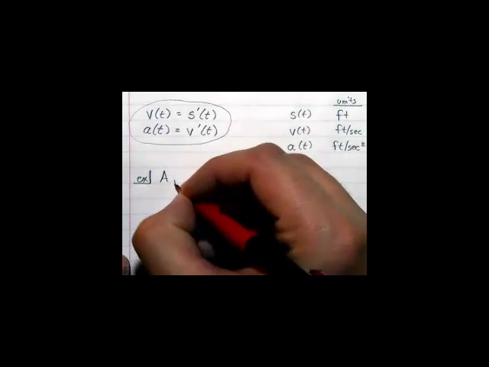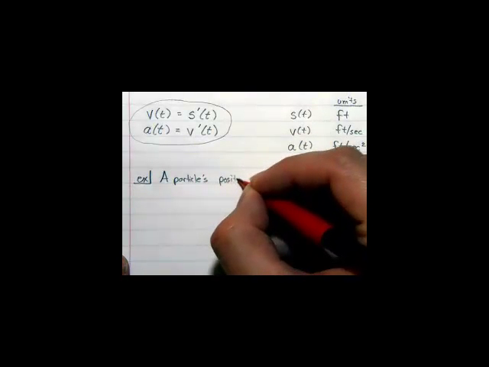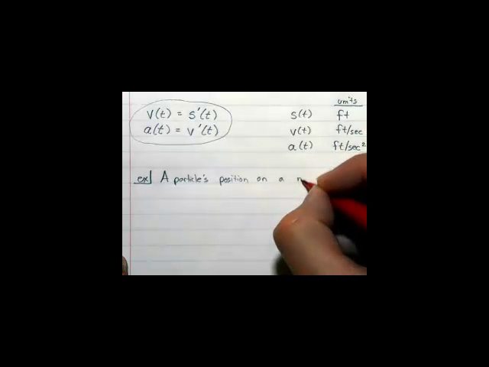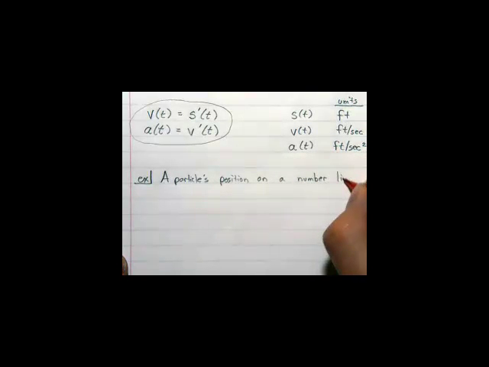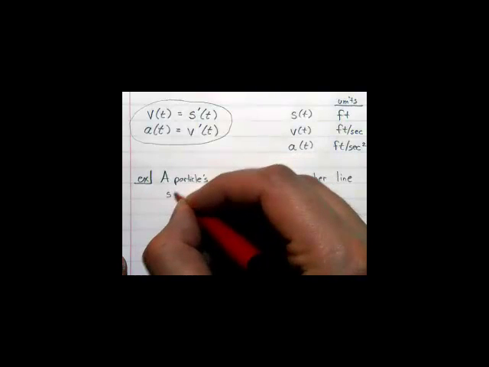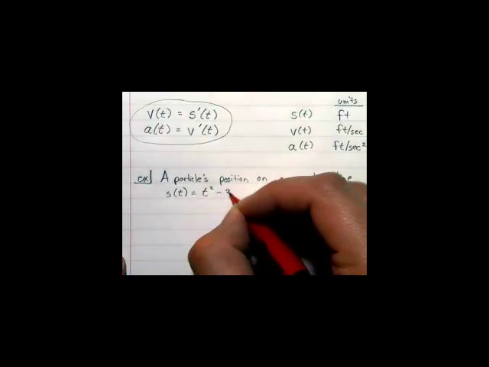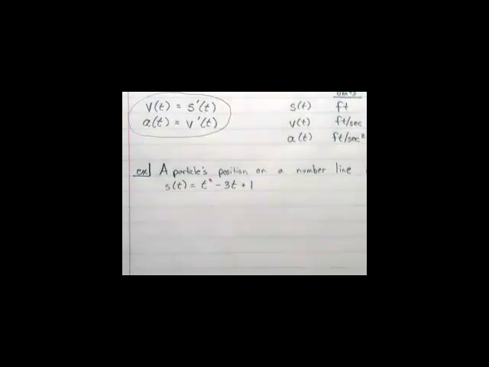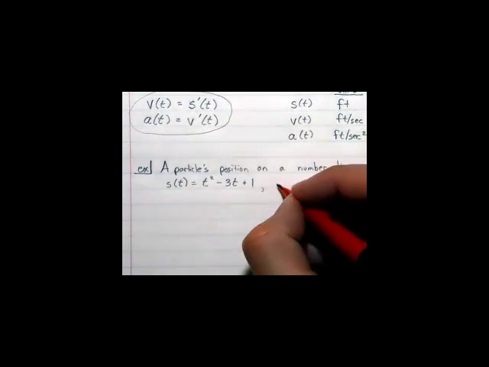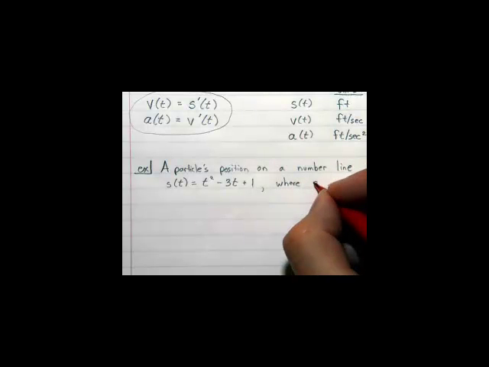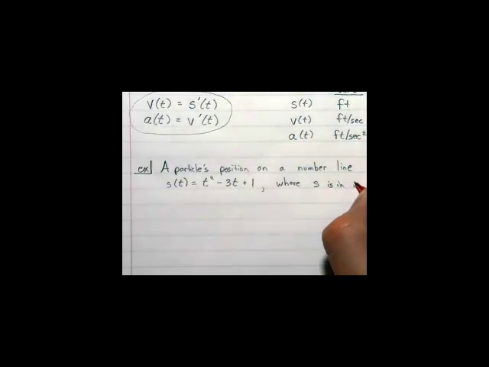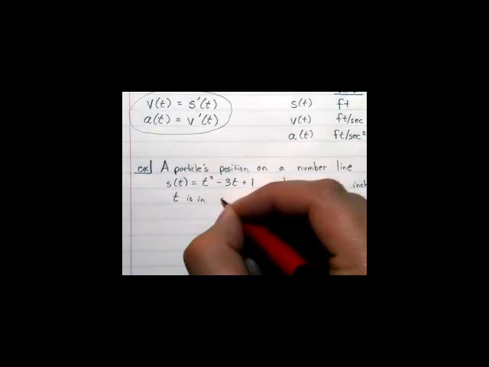So let's say a particle's position on a number line is given by s equals t squared minus 3t plus 1, where s is in inches and t is in seconds.